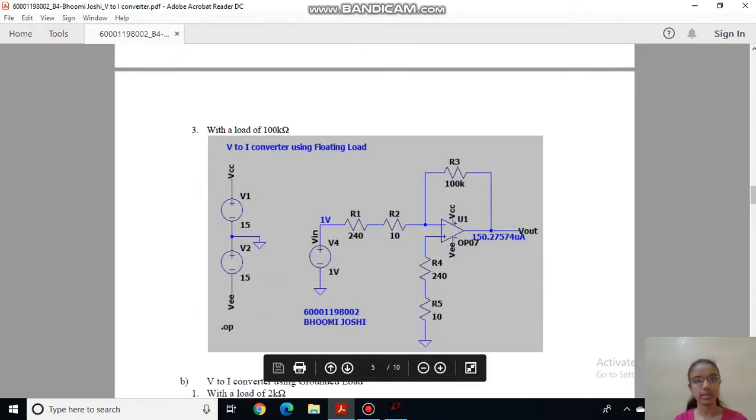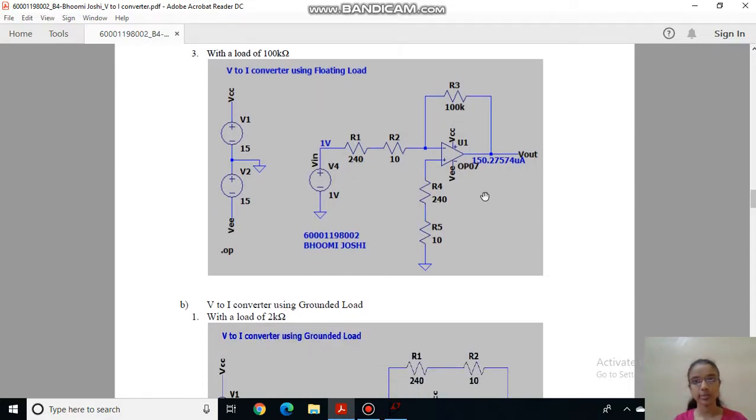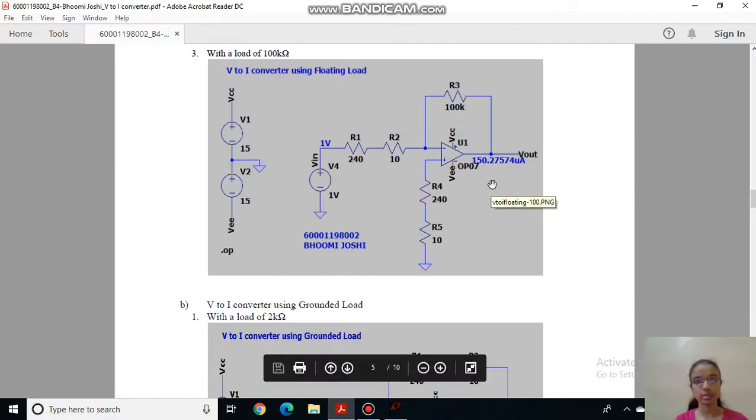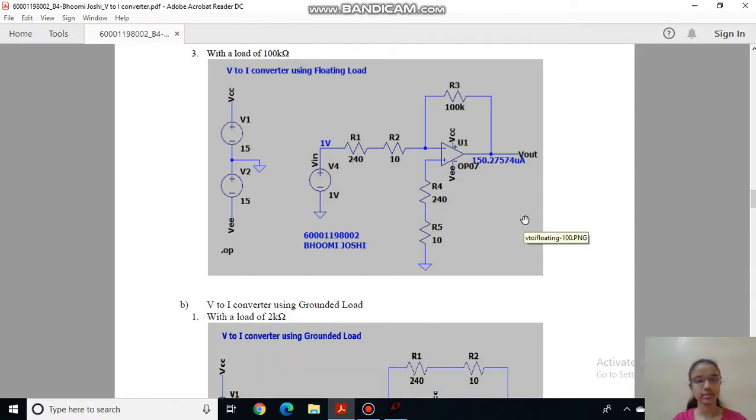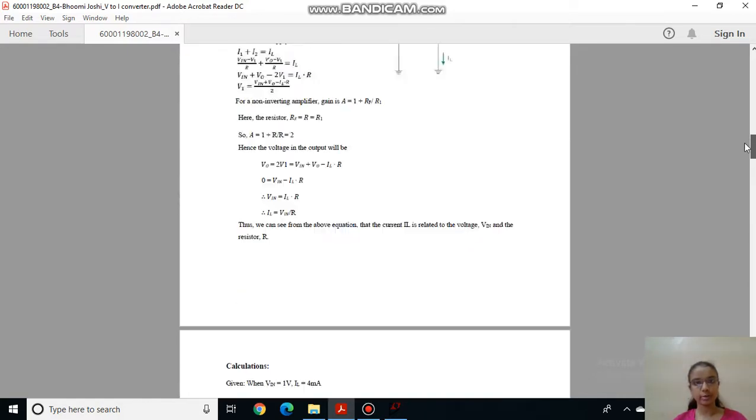Whenever I am using 10 kilo ohm of resistor, I am getting 150.27 microampere. So in this way, floating load part is done. Now let us start with grounded load.